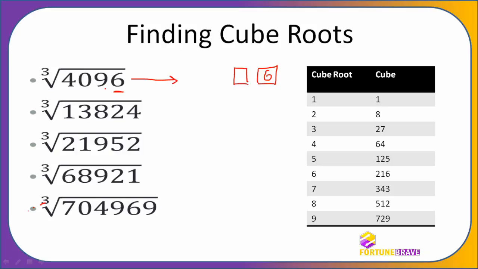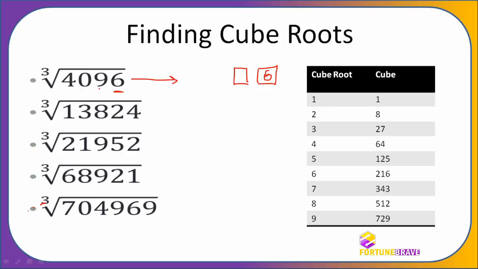In square, what we used to do? We used to get two numbers: 1 or 9 when it is 1, 3 or 7 when it is 9, 6 or 4 if it is 6, and 2 or 8 if the last digit of the square is 4. Here there will be only one number.